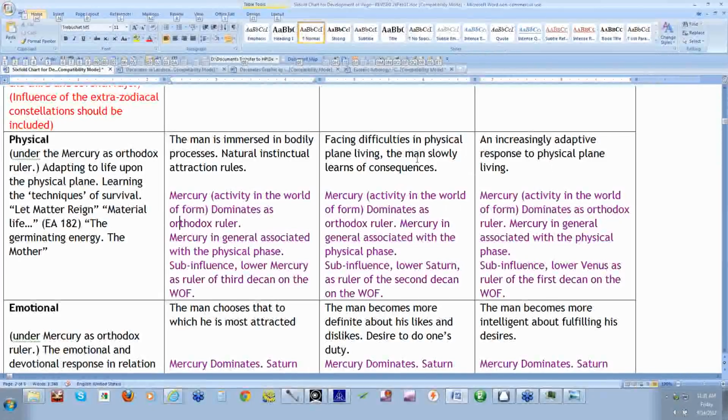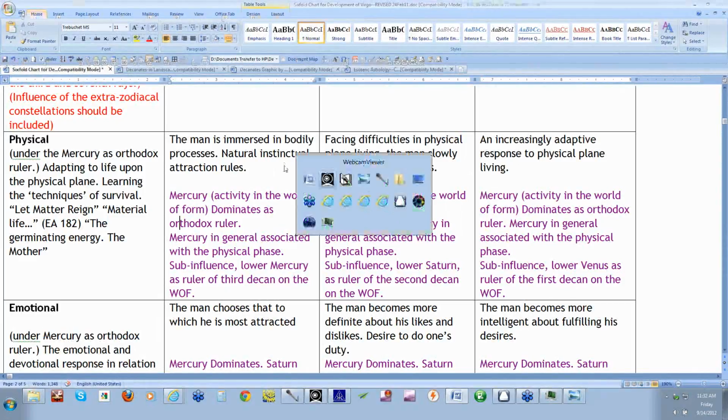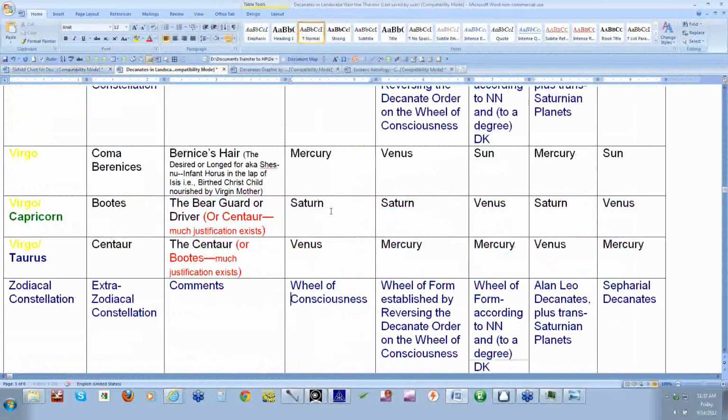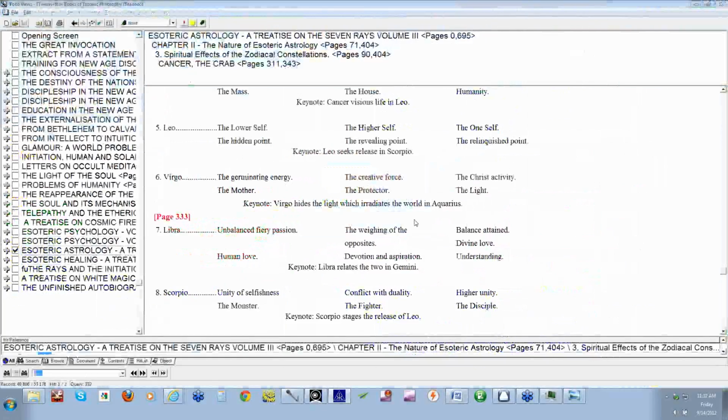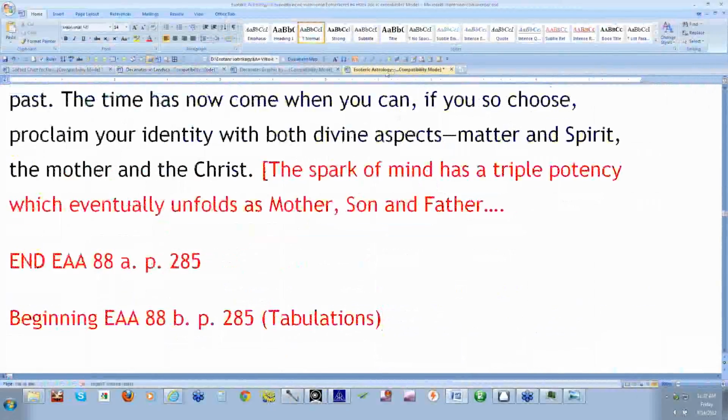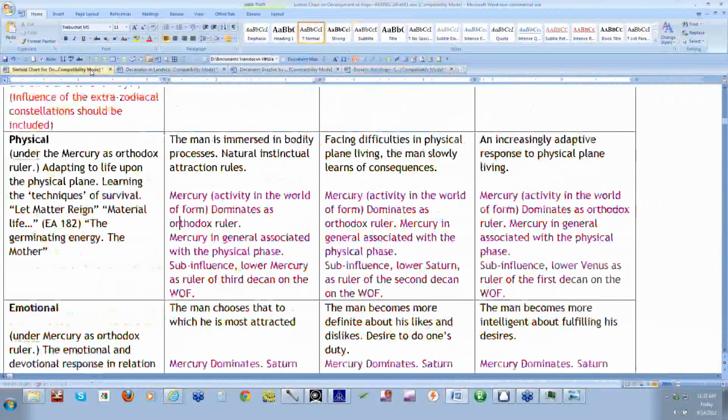If we look at Saturn as the second decanate, I can see that this may be reversed, and I should have done it in another way. The decanates in landscape view here tell us it's going to be Mercury, Saturn, Venus. So there's going to be an entering under Mercury.